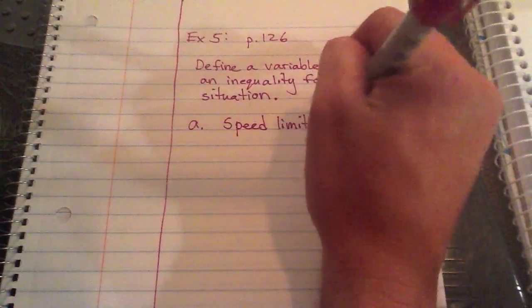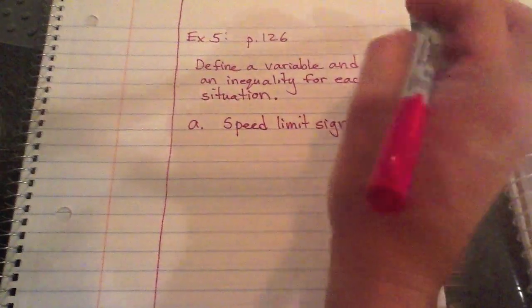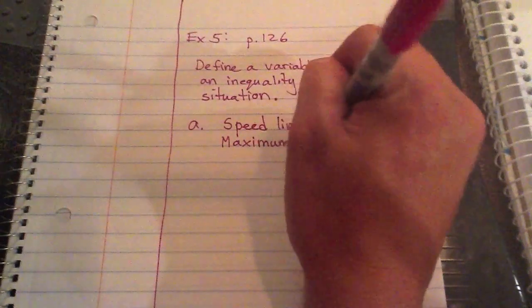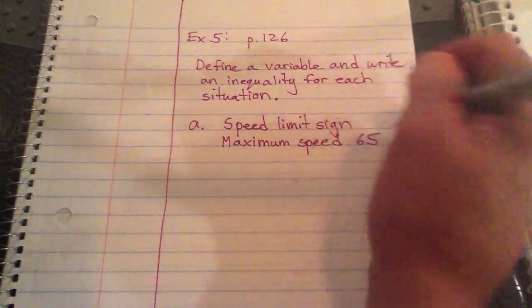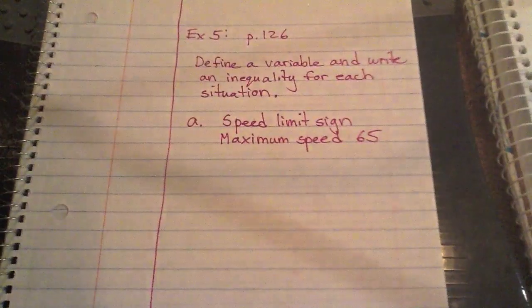And the first example is a speed limit sign that says maximum speed is 65 miles per hour. You've all seen those on the freeway.